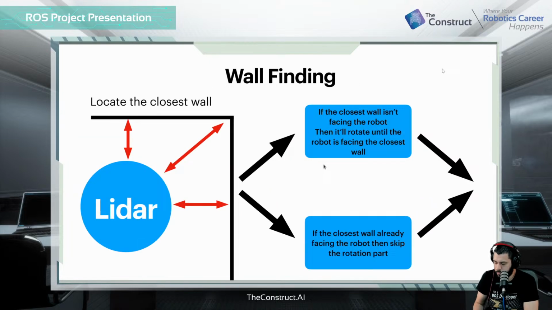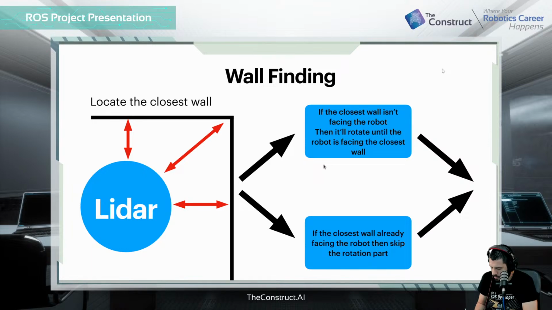First, wall finding. Using the LiDAR, we are going to calculate all of the 360-degree laser readings. And then we will take the minimum value that the LiDAR has calculated, and then we will have three main conditions. Here I discussed these two.